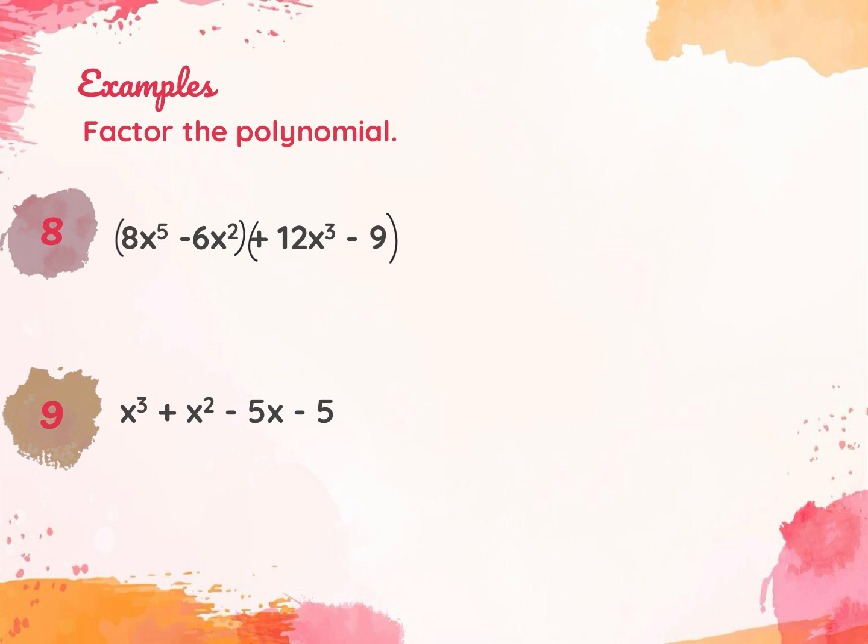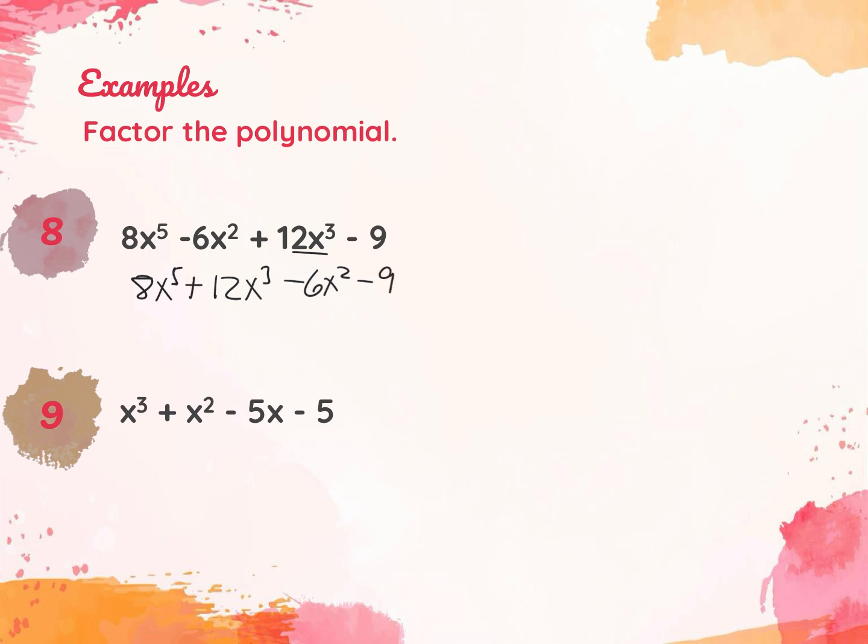But just because this might not always be the case, what I like to do is write it in standard form, which is decreasing exponent order. So 8x to the 5th is first, and then 12x to the 3rd is the next biggest exponent, and then it's a minus 6x squared, and then a minus 9.